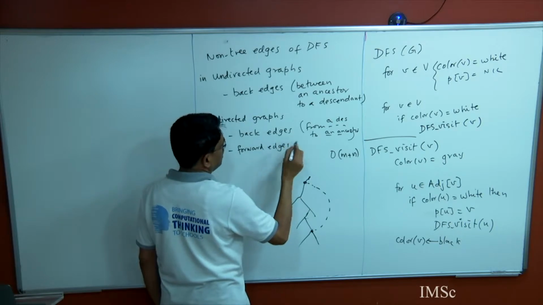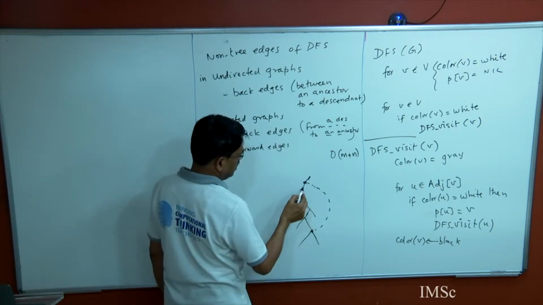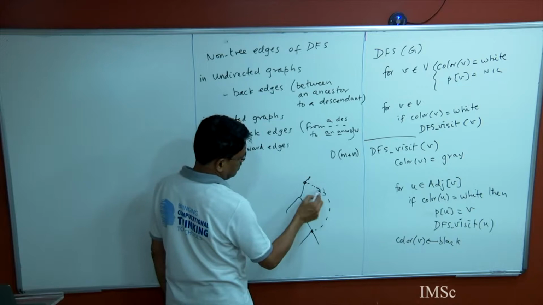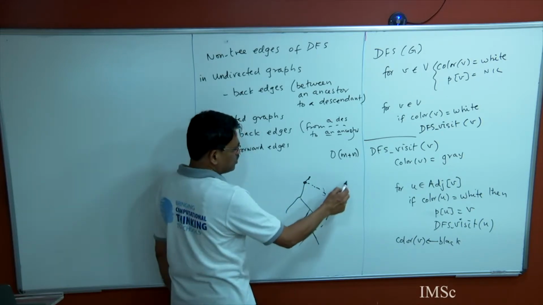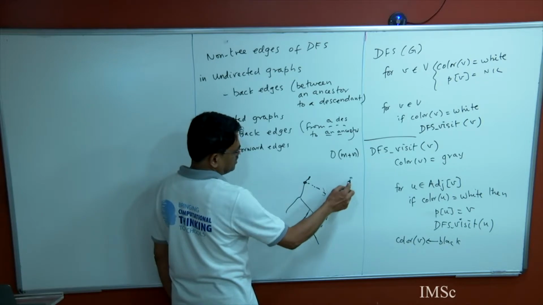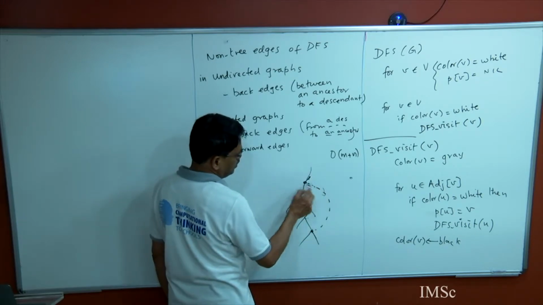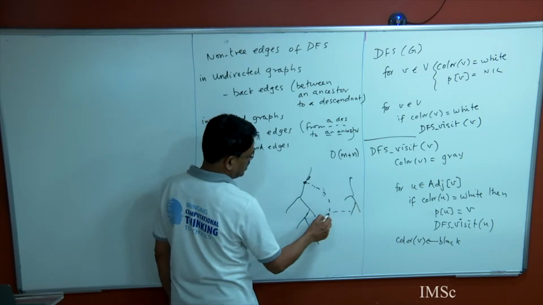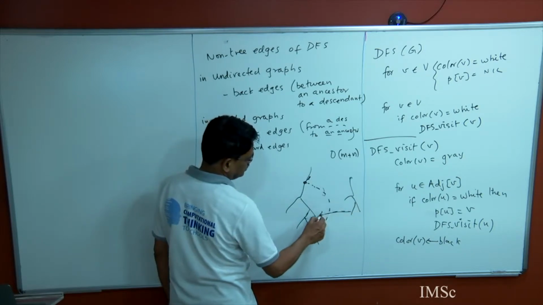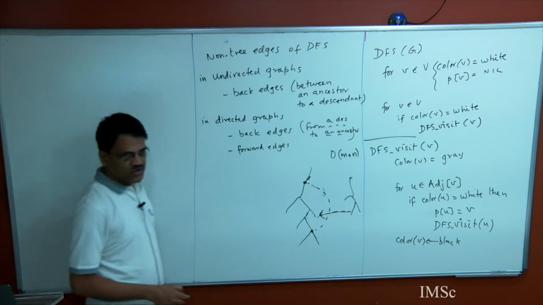Forward edges are of two types actually. It could be like this, from an ancestor to a descendant, or it could also come from some other vertex. I mean, you grew DFS, and then maybe it's coming from some other DFS tree, and it has an edge to this. This also is like a forward edge.